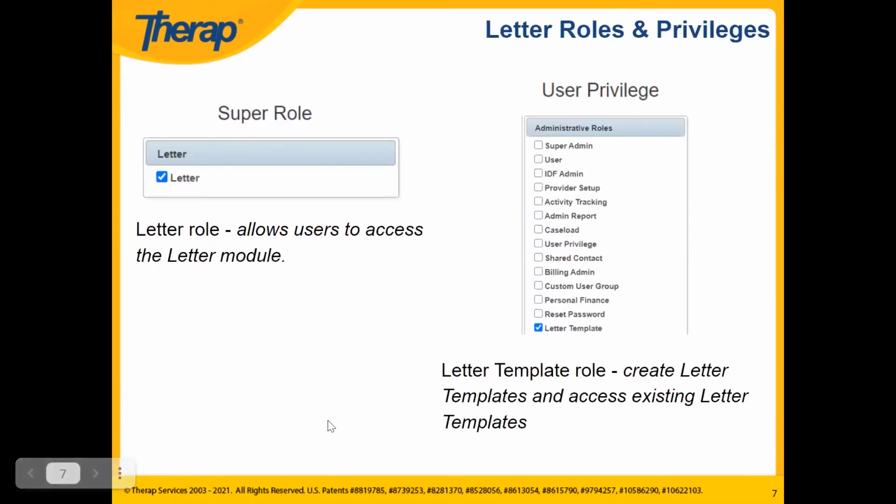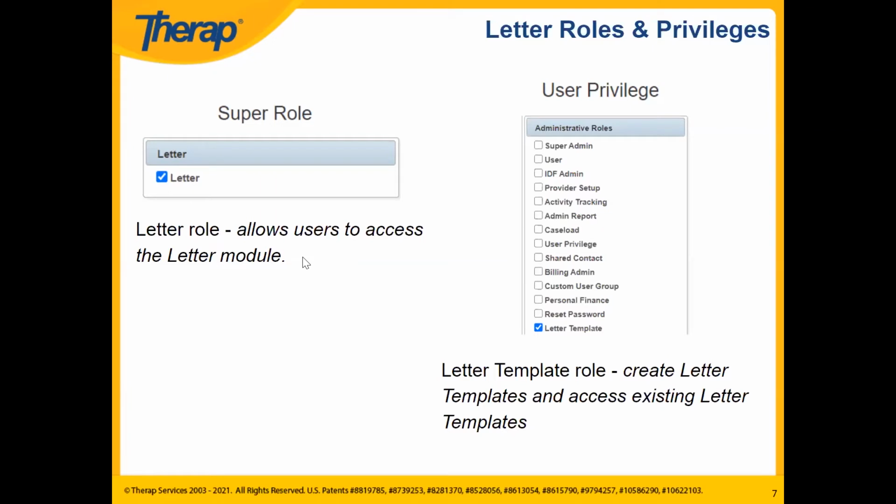There are a few roles associated with this module. If you do have the letter module or are interested in acquiring it, you will need a user privilege, and that's the letter template. That gives the ability to create those letter templates as well as access any of the existing ones. That's an agency-wide role, and I'll point out where that is for those of you who might not be familiar. In addition, we also have a super role, and that's the letter, just one role for that.